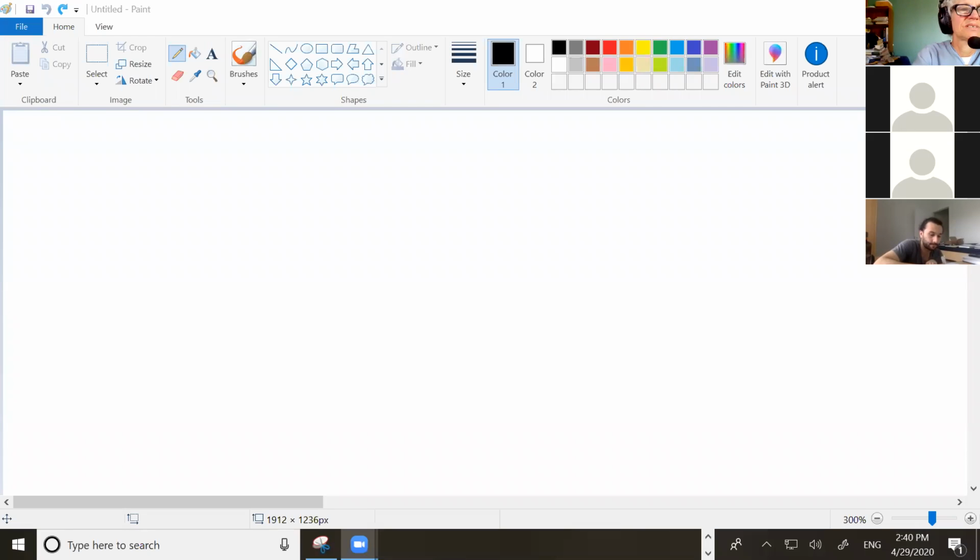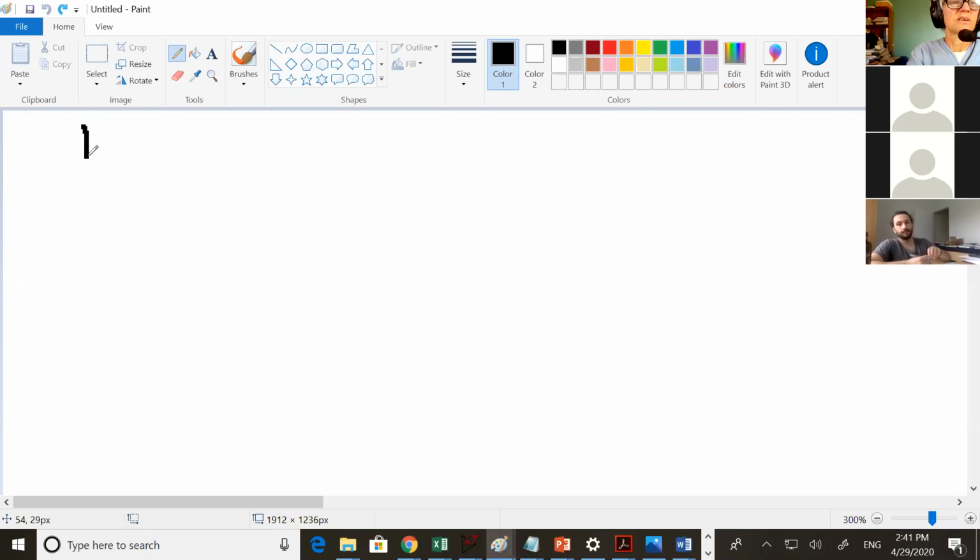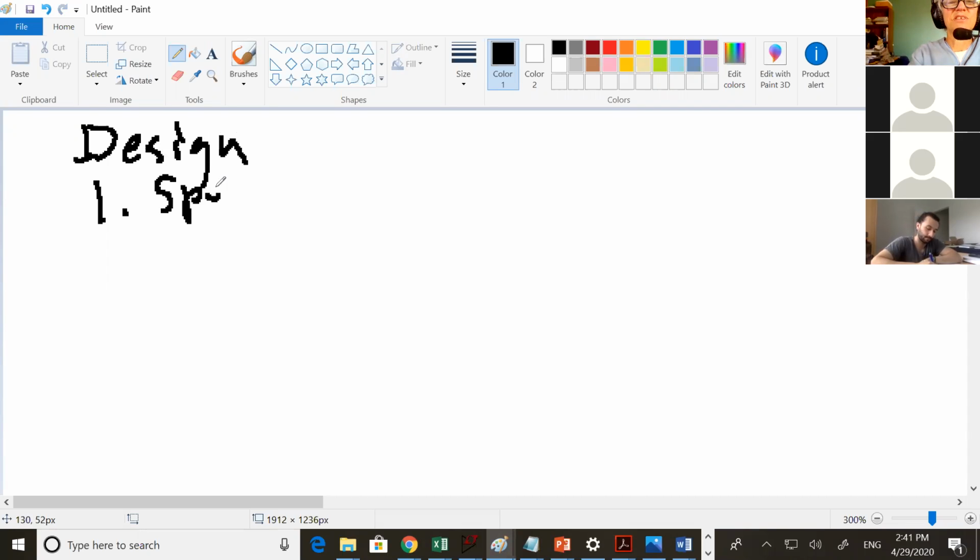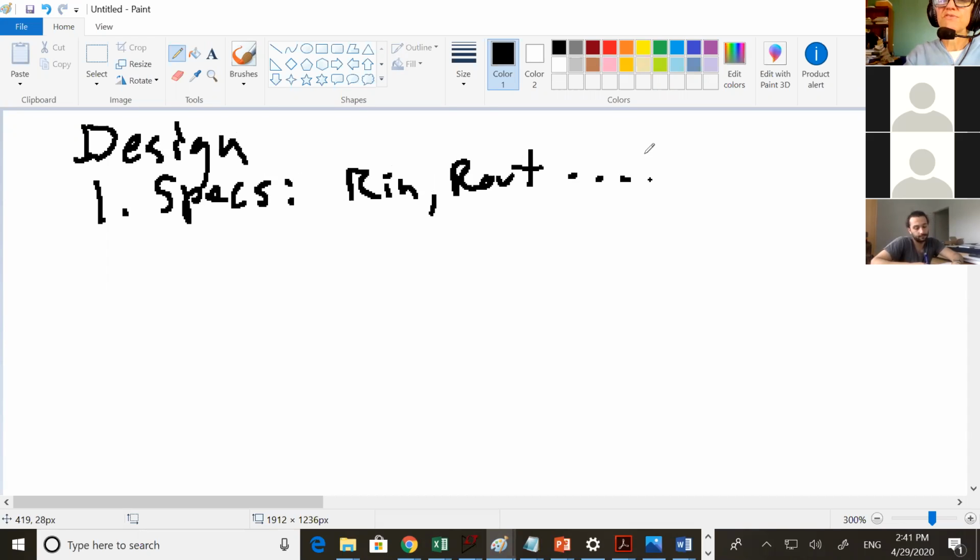Drawing the small signal model? Okay, but what about from your boss? Oh, the specs. Yeah, you need to find the specs. And in this case, there's a spec for R in and there's a spec for R out. So that means you need equations for R in and R out.